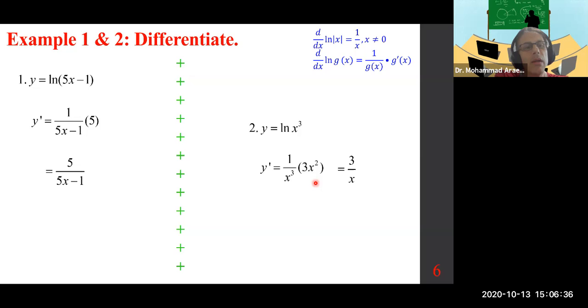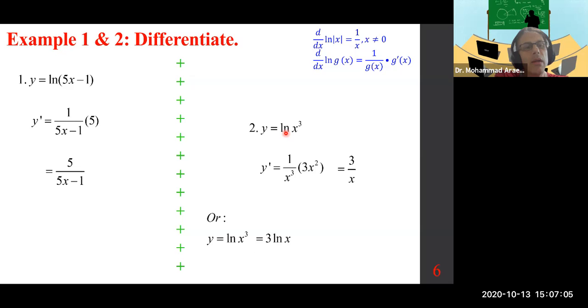This is simple enough that we do it this way, or the second method makes no difference. Here's the second method. If you go back to this function, how do we rewrite or simplify this log? The exponent sits in front, and it becomes a coefficient.